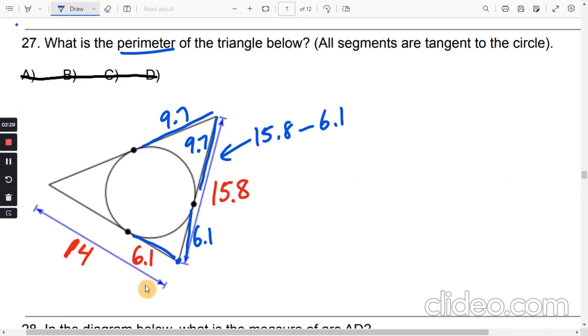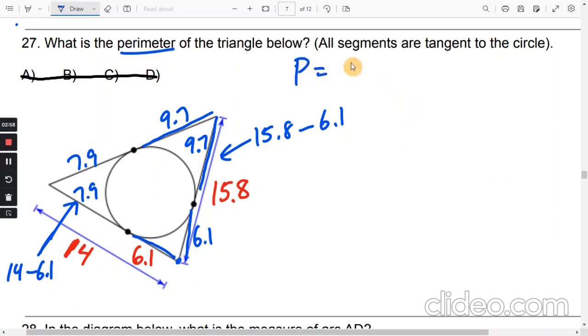If this whole thing is 14 and this is 6.1, then this right here is going to be 14 minus 6.1. Okay, so that's just 7.9, and this here is 7.9. All right, now you add up all the sides because it's a perimeter. Since we have doubles, we can just multiply each one by 2. Okay, 7.9 times 2.